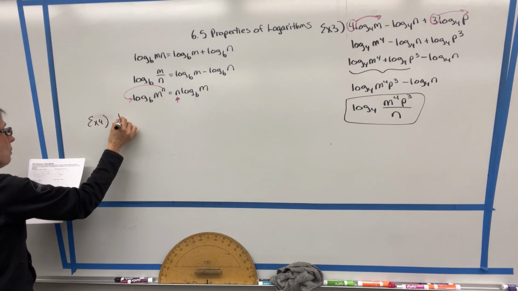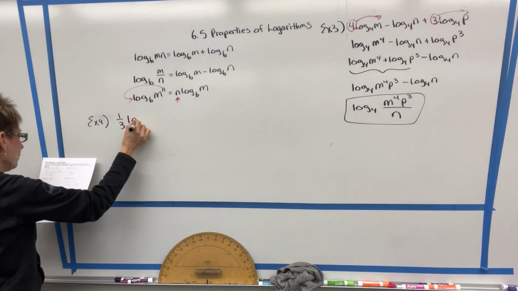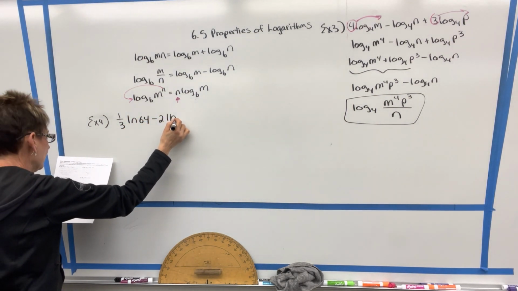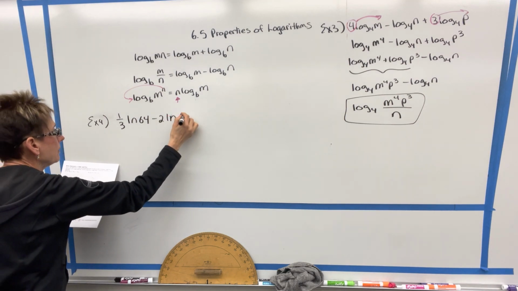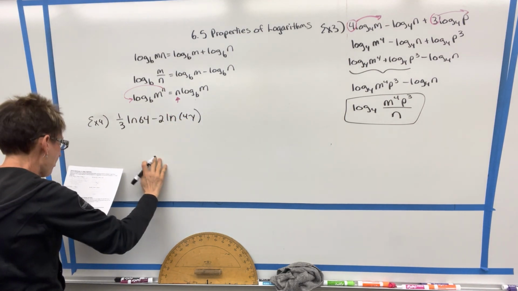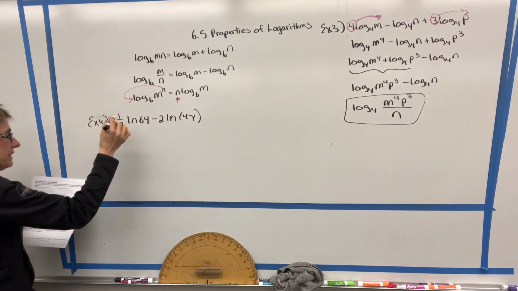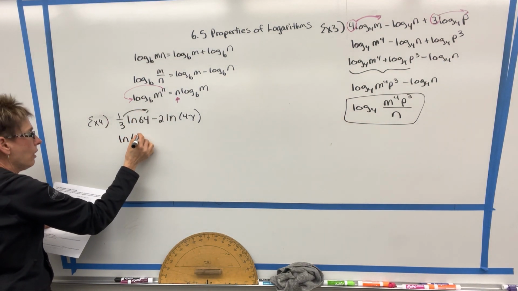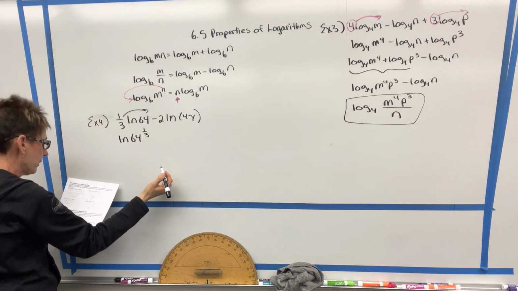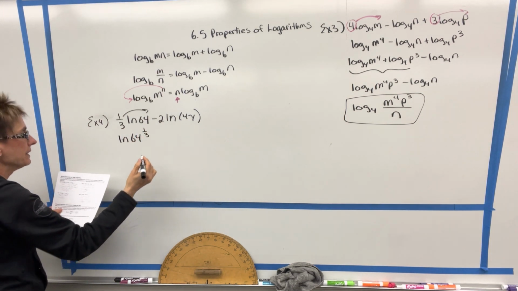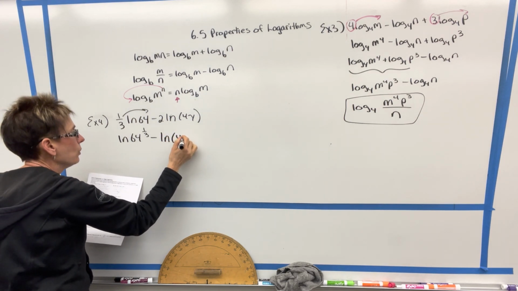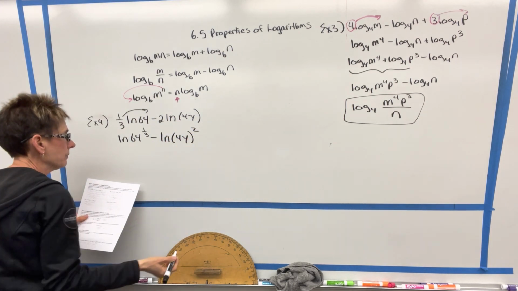So let's do 1/3 times the natural log of 64 minus 2 times the natural log of 4y. In this case, I'm going to bring my exponents up. So I'm going to have this as a natural log of 64 to the 1/3, and then I'm going to have this as minus the natural log of 4y quantity squared.